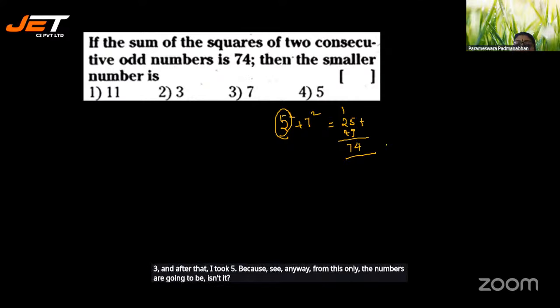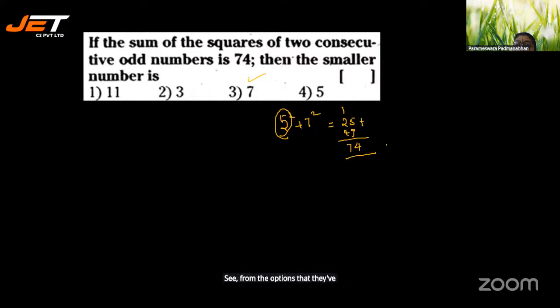See, from the options that they've given, it can be either 7, 5, or it can be 3, 5, or 3, 7, or 11, 3, like that. So you can take from this, multiply and see, then between 5 and 7, which is the smaller one, it is 5. That is why your option 4 is correct. Okay, I think you all would have understood, students.